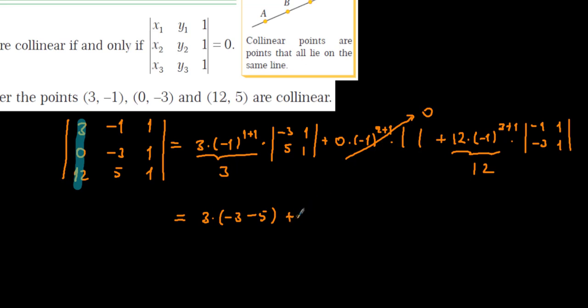This is plus 0 plus 12 times minus 1 and minus 3 it has to be.